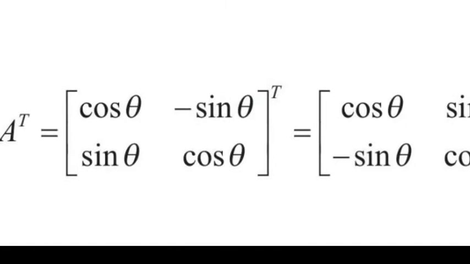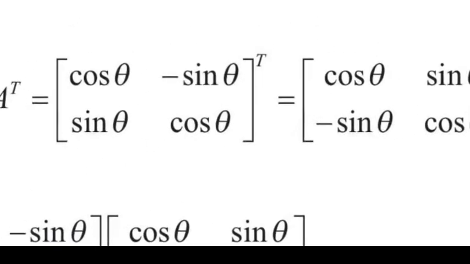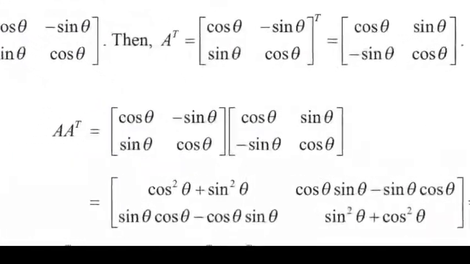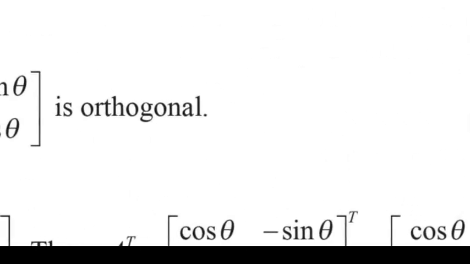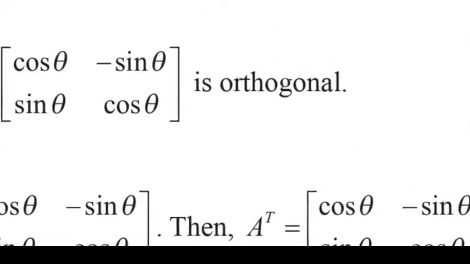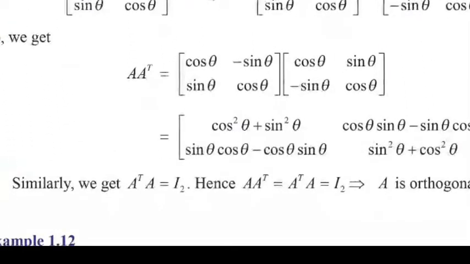So this is A transpose. You know how to find A transpose: change row into column, column into row. So that is the A transpose value. They are asking to find whether it is orthogonal. If it is orthogonal, it satisfies one condition. Which condition?